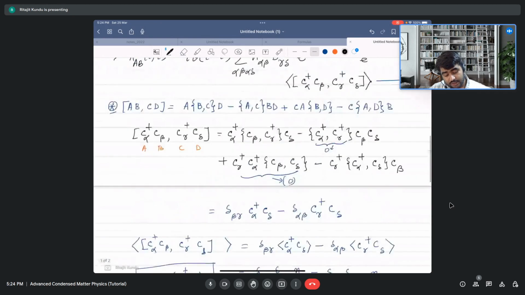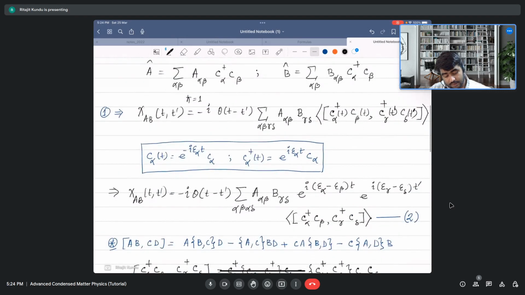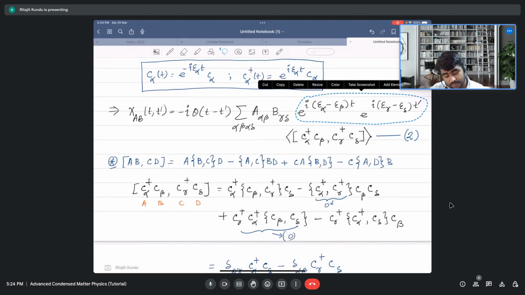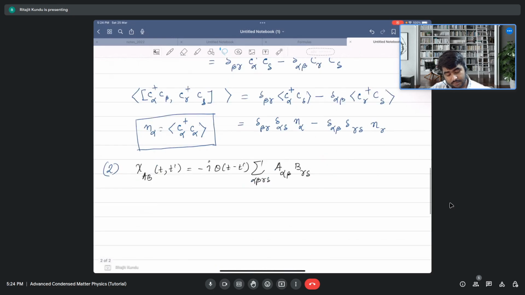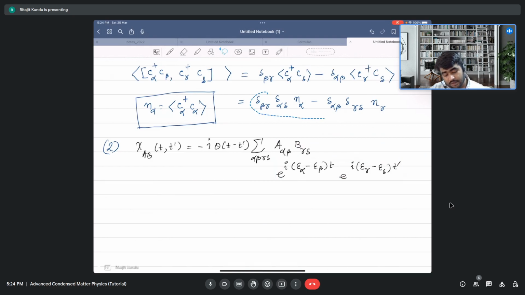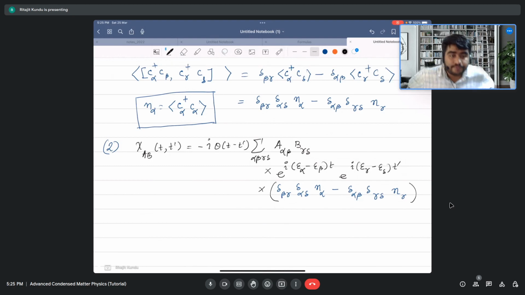There are some exponentials, so let me just copy this part, times this quantity. Okay, so this is now the whole thing.